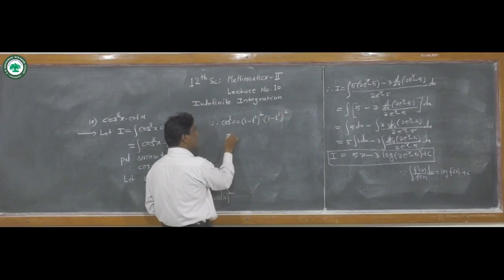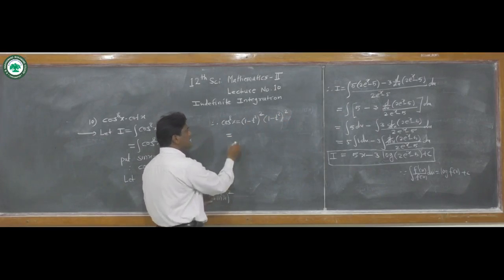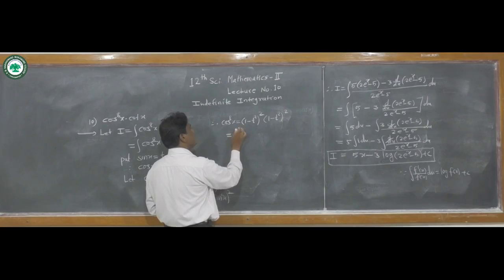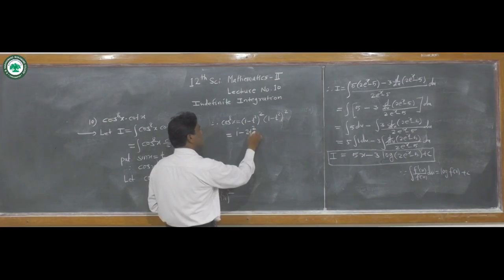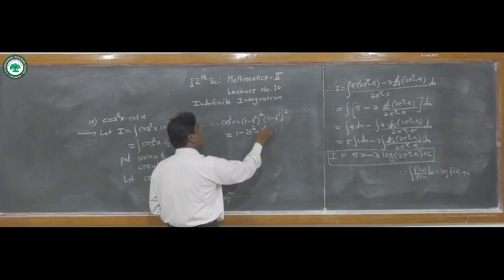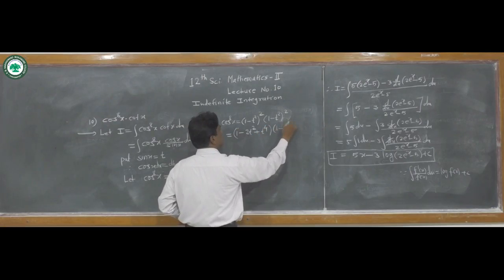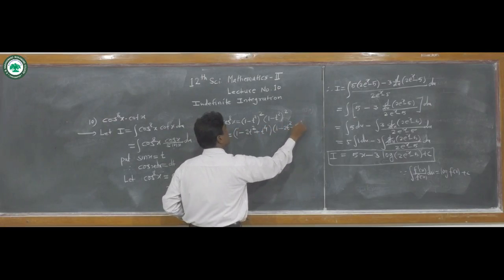Now expand the brackets using the formula a minus b bracket square, that is a square, meaning 1 square, that is 1, minus 2 into 1 into t square, minus twice t square, plus this t square to the square, that is t to the power 4. And here also 1 minus twice t square plus t to the power 4.